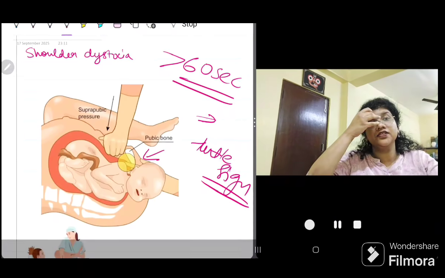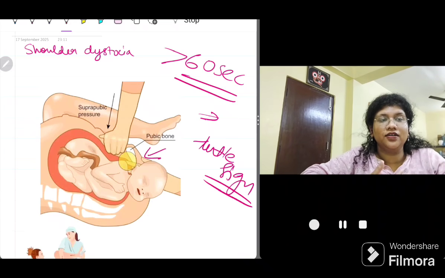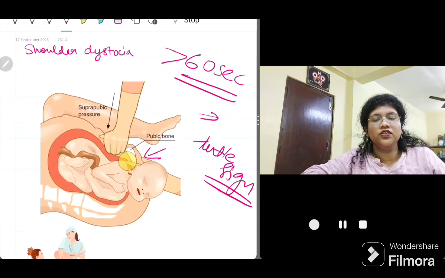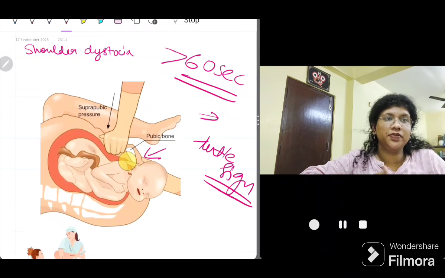Some of the risk factors which can potentiate or lead to shoulder dystocia. Very important is fetal macrosomia, so a disproportionately large body in relation to the head, more than 4.5 kg. Excessive weight gain during pregnancy, so the maternal weight gain can also lead to shoulder dystocia of the baby.